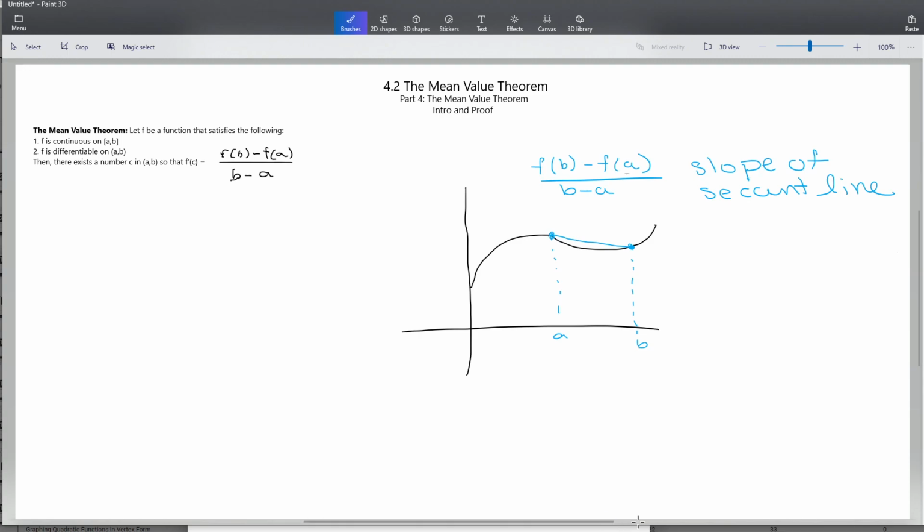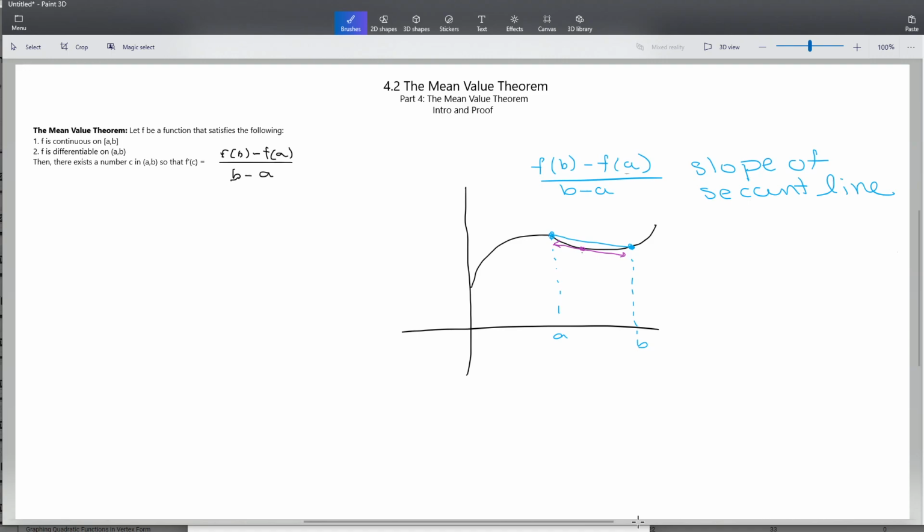Okay, and remember f prime of C is the derivative of the function, or the slope of the tangent line. So we are looking for a place where the slope of the tangent line is the same.